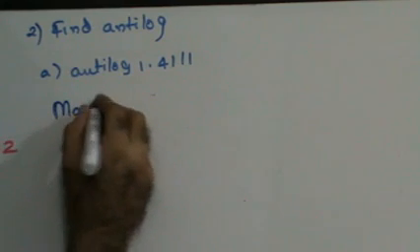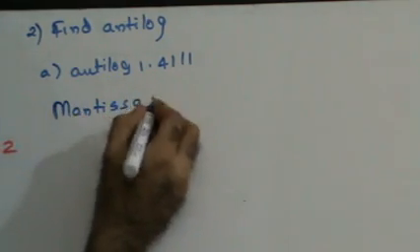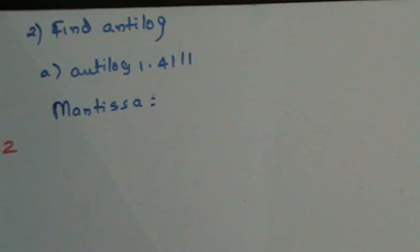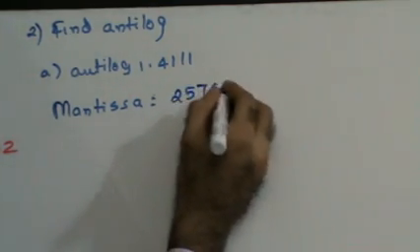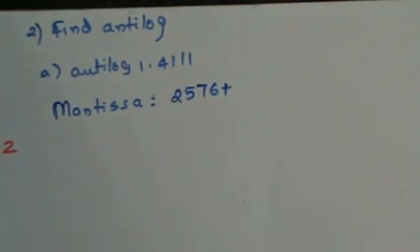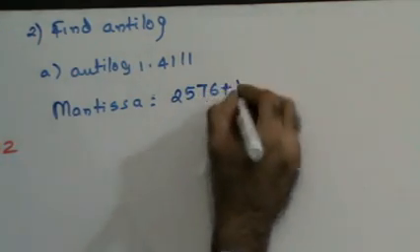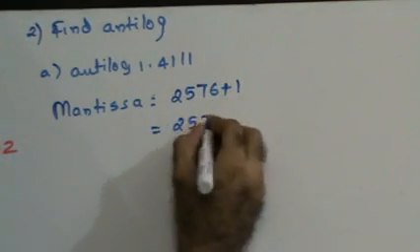Find mantissa first, 0.4111, the same way how you found out the mantissa of a log. In 41.1, 0.411 is 2576, plus mean difference 1 is 1. So this is going to be 2577.